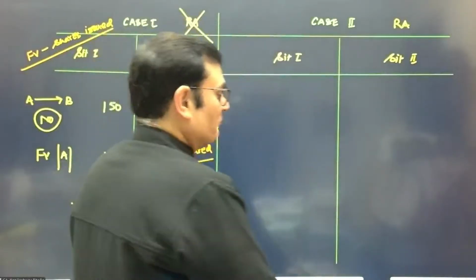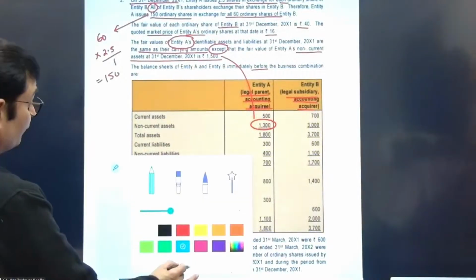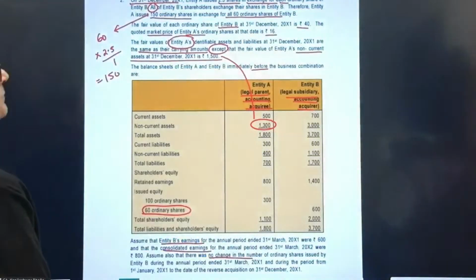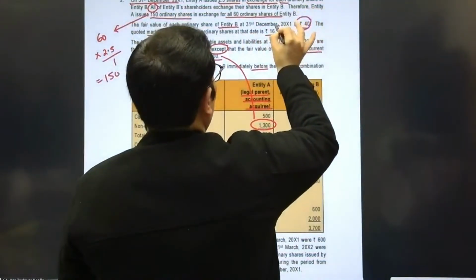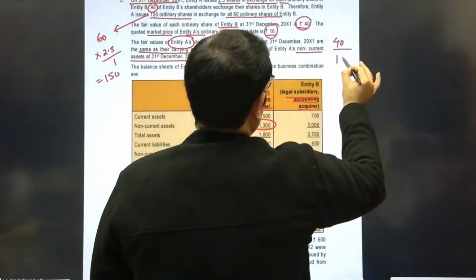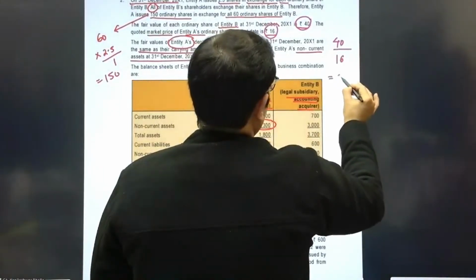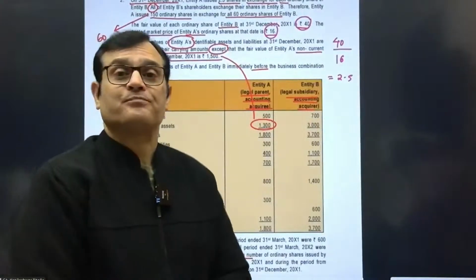Now, let me show you something very interesting. If you go back and look at the question, the fair value of company B is 40 and the fair value of A is 16. The share price of B is 40 and the share price of A is 16. So B has a share price 2.5 times.